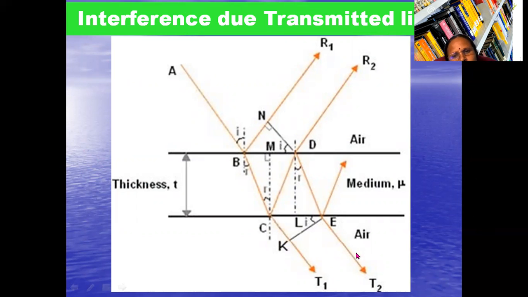T1 and T2 are the rays which are interfering with each other. Now both rays are coming from denser medium to rare medium, and so the path difference we can calculate by the same method, and the extra path difference of lambda by 2 need not be added here.